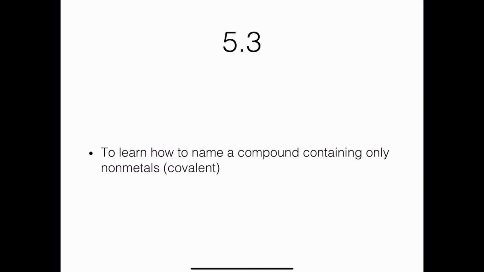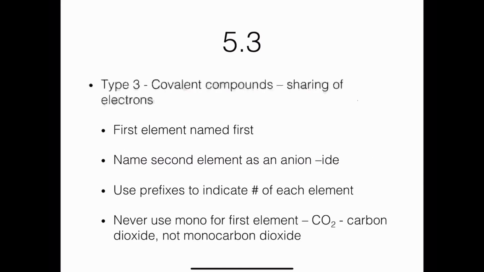So we are not using the charges as indicated by the table in this type of compound, but we do need to know how to recognize it. Since it's a sharing, we're not looking at ionic transfer, we're looking at two nonmetals, or two things from the right side of the table here.